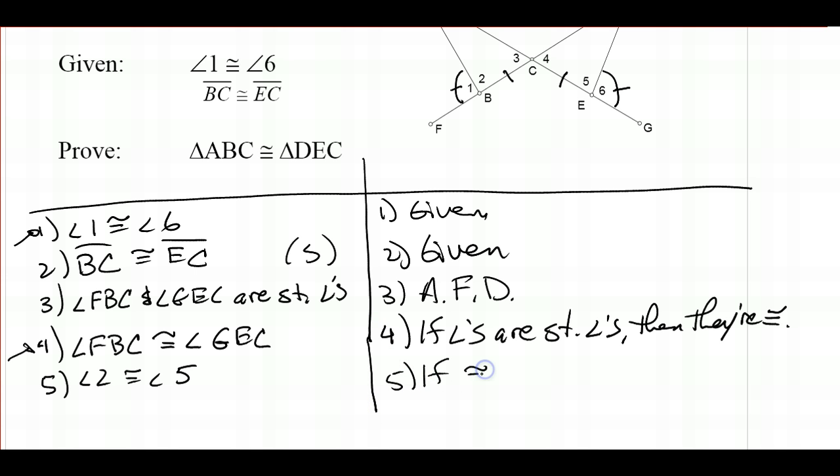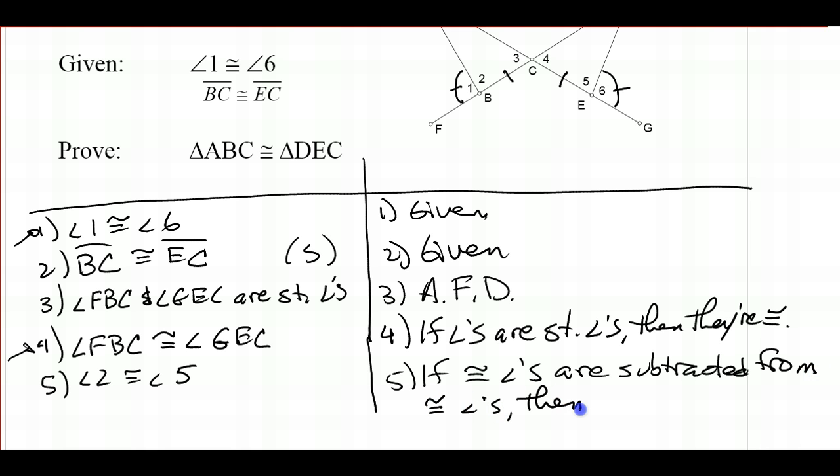So if congruent angles, that's angle 1 and angle 6, are subtracted from congruent angles, then the differences are congruent. So now I've got 2 congruent to 5.